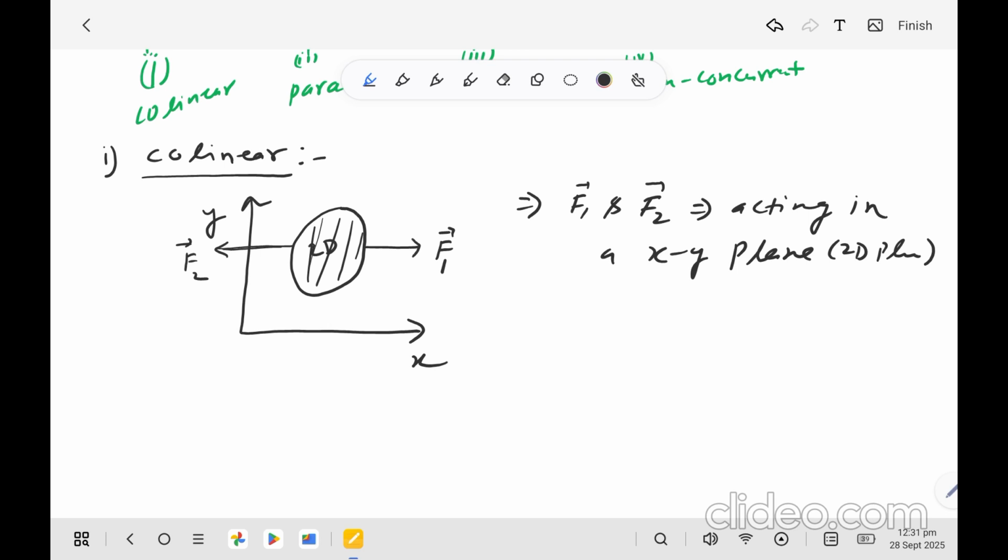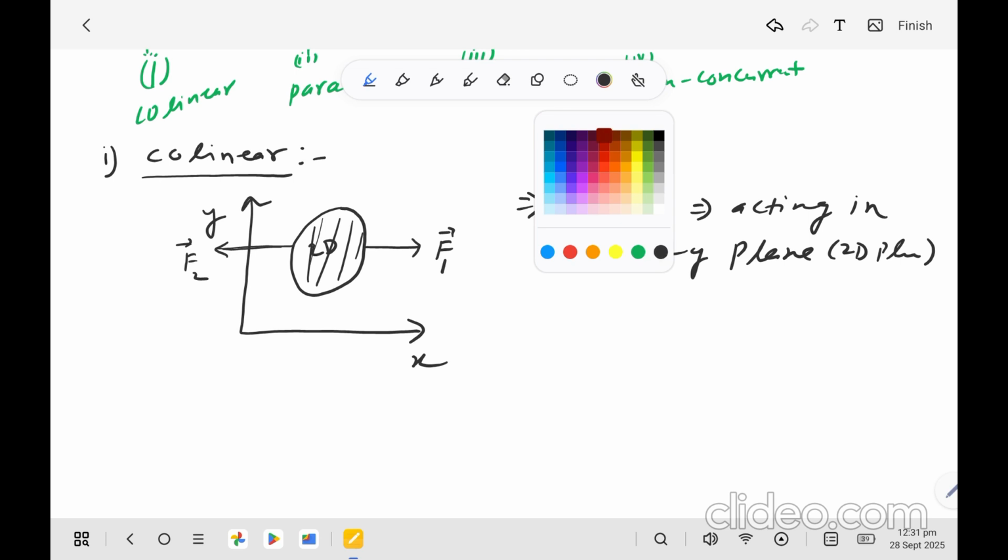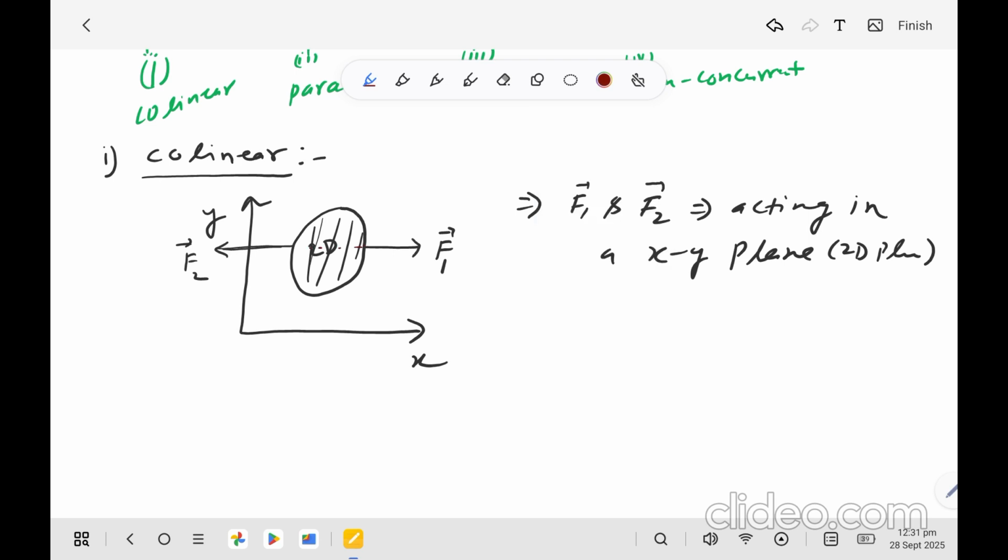So now if I draw the line of action of both forces, so the line of action of F1, and the line of action of F2. So this is force F1 and this is its line of action, and then force F2 and this line of action here.